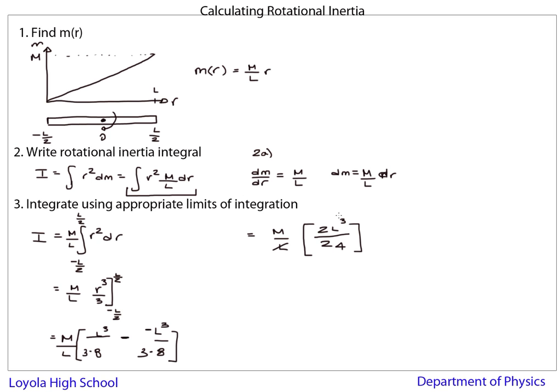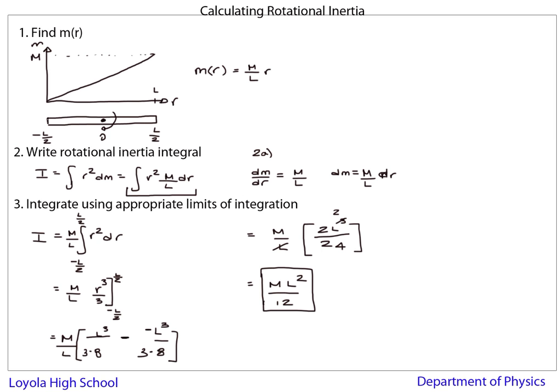An L cancels one of those to make it a square, and that's going to be a 12. So I get a final answer of M L squared over 12. So if I rotate this object about the center, the rotational inertia is M L squared over 12.